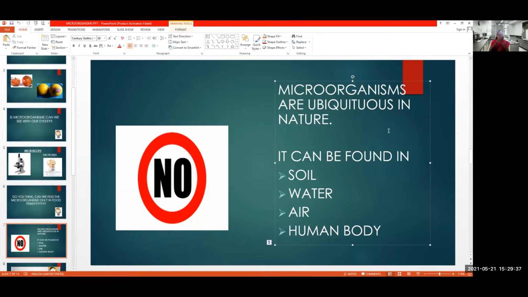Everywhere. It will be present everywhere, so that is called ubiquitous. It can be found in soil, water, air, human body, etc. It will be found everywhere. So we can say that microorganisms are ubiquitous in nature.